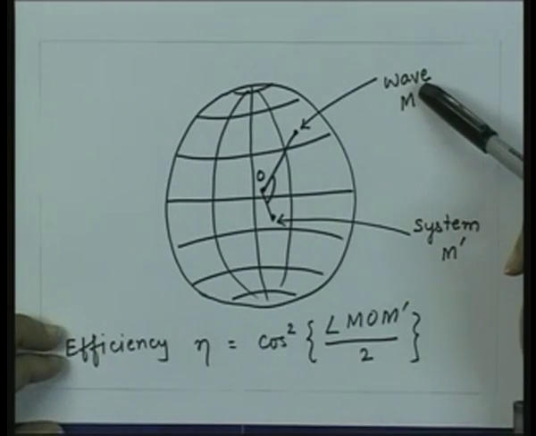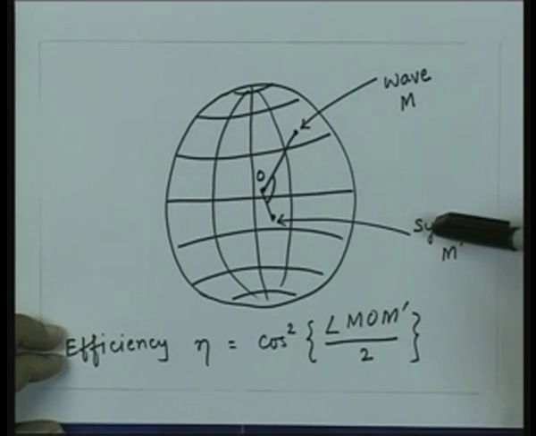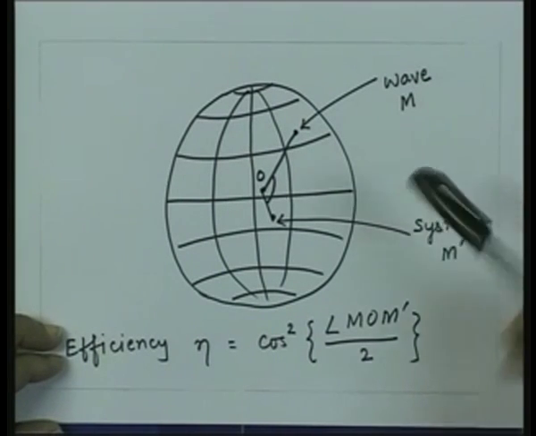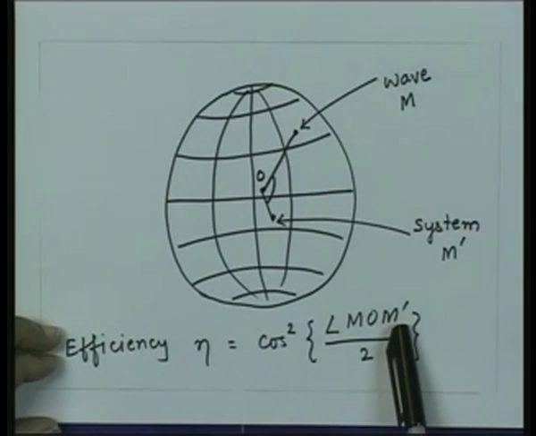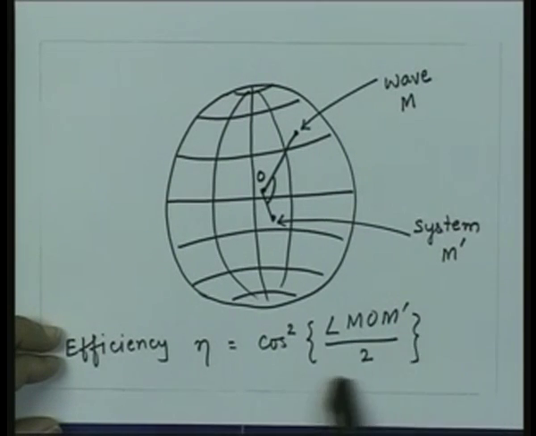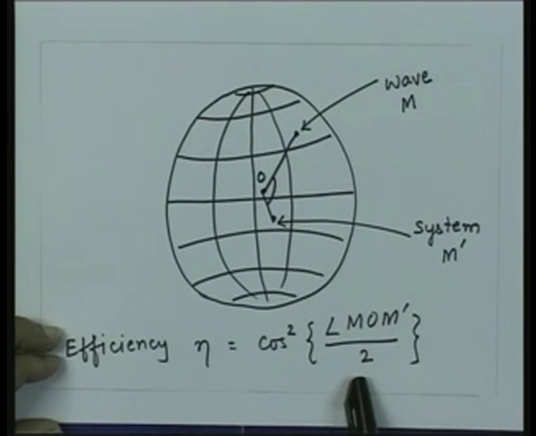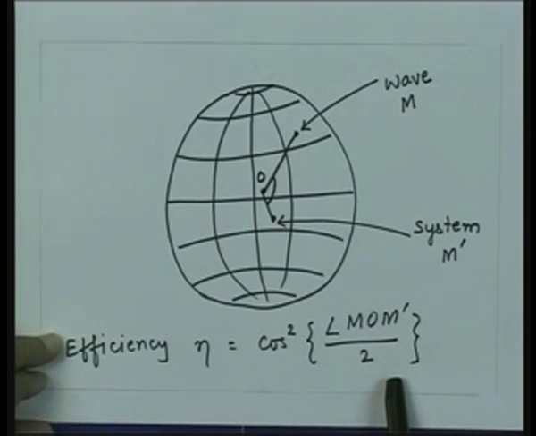So, if I have a wave circularly polarized and a system linearly polarized or vice versa, the angle M O M prime is 90 degrees. So, half of this angle is 45 degrees. Cos square of 45 degrees will be half. So, we have 50% efficiency.